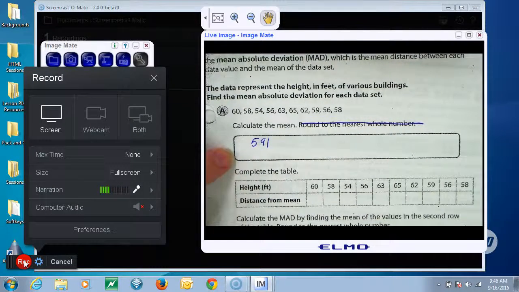You must have missed a number. 591. Good. Now we're going to take the 591 and divide by what? How many? 10.